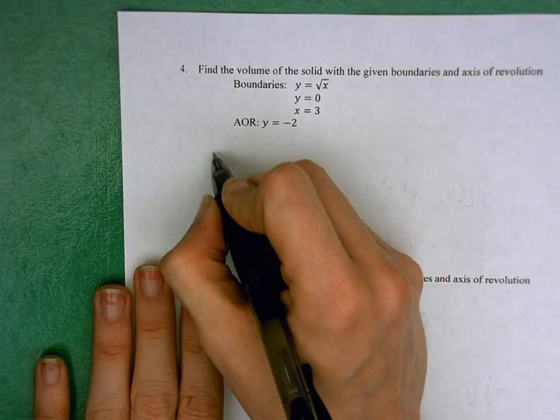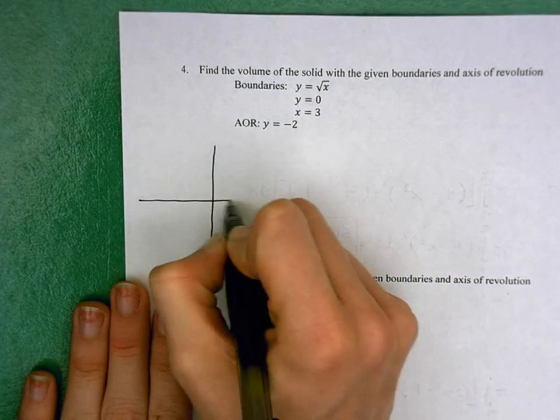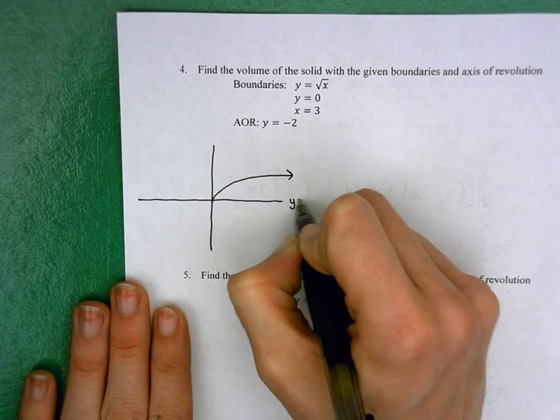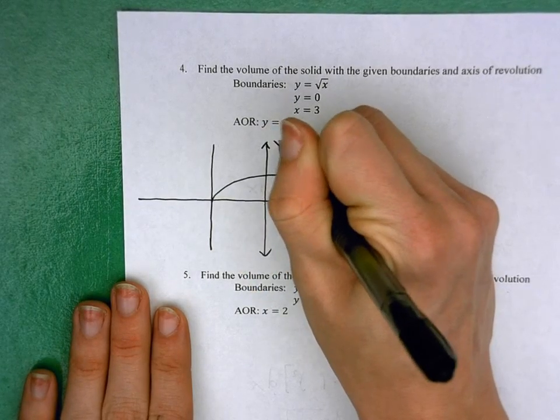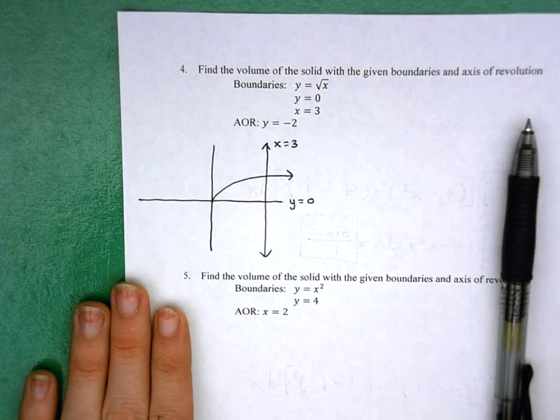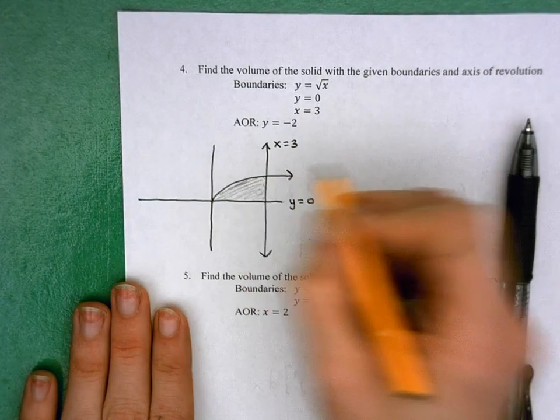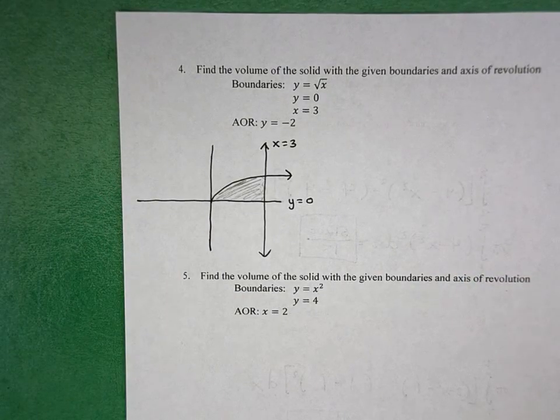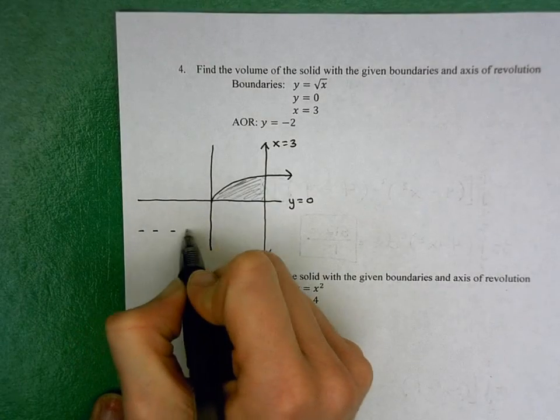Okay, number 4, we are finding the volume of these particular functions, y equals root x, y equals 0, which is our x-axis, and x equals 3. In this particular case, we are revolving around the line y equals -2.